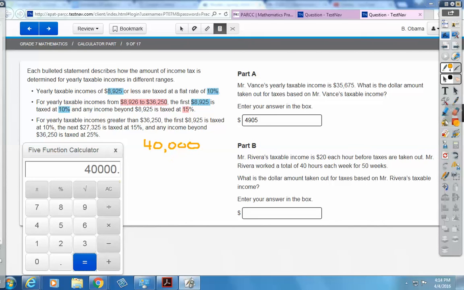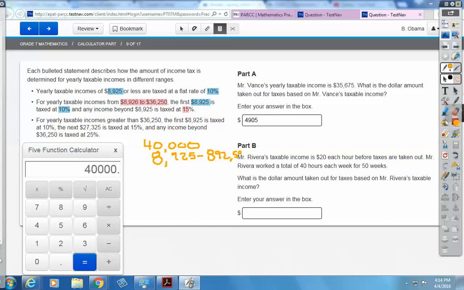All right, so then let's take out the 8,925, and we know that is going to have $892.50 worth of tax taken out.